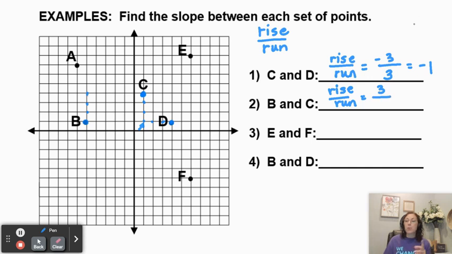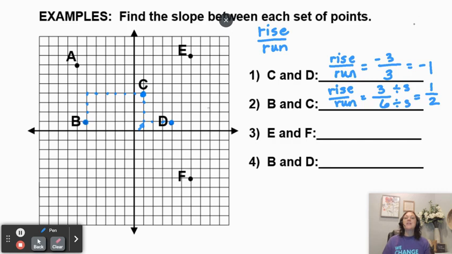And then let's count the run. Again, we're going to the right, so that's positive. 1, 2, 3, 4, 5, 6. So my run here is 6. Now, you and I know I can reduce that 3 over 6 if I divide each of those numbers by 3, and I'll get my slope to be 1/2.